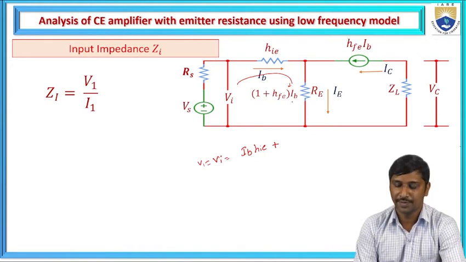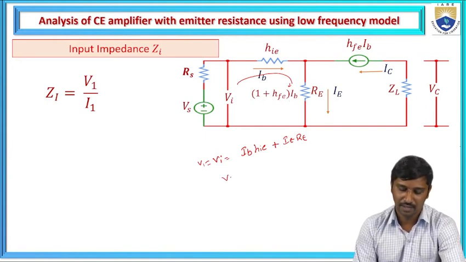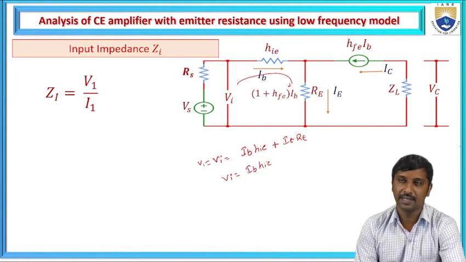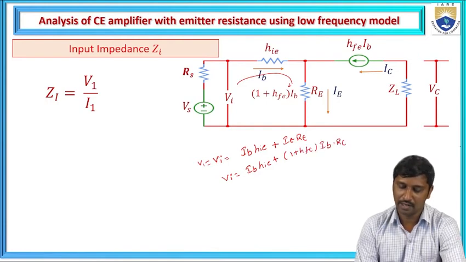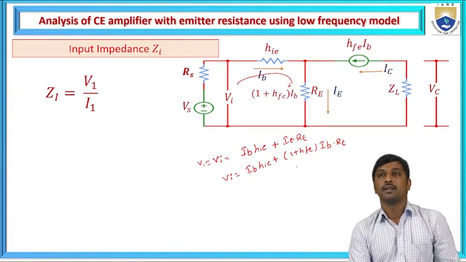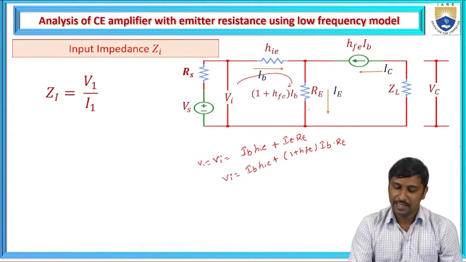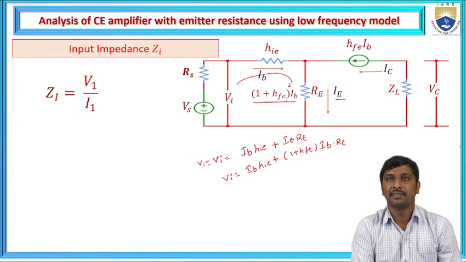Hence the voltage drop across this emitter resistance is represented as IE times RE. But we know that IE is represented as 1 plus HFE times IB. Hence, V1 or VI is represented as IB times HIE plus 1 plus HFE times IB into RE. So this IE is replaced with 1 plus HFE times IB.